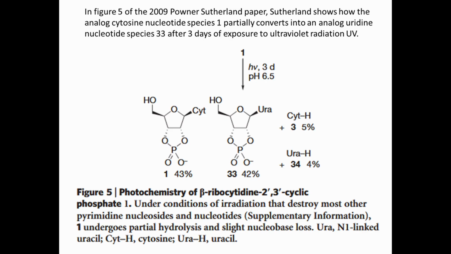In Figure 5 of the 2009 Powner-Sutherland paper, Sutherland shows how the analog cytosine nucleotide species 1 partially converts into an analog uridine nucleotide species 33 after 3 days of exposure to ultraviolet radiation, UV.